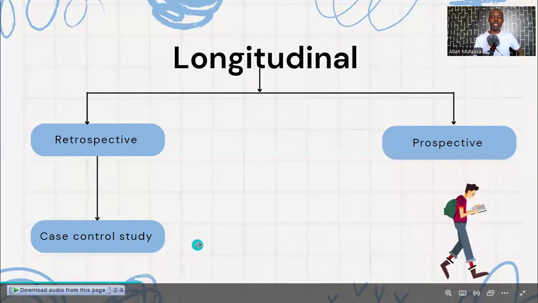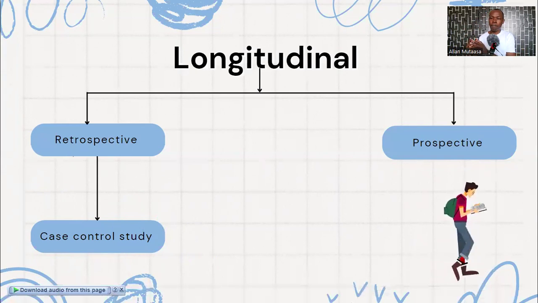We also have something that we call a case control study. So a case control study is when you study a certain group of a certain population. Let me give you an example. We used to have women.